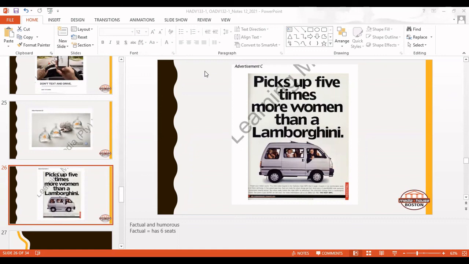Think of this one: picks up 5 times more women than a Lamborghini. These are the things that we experience every day, isn't it? But there's nothing big there that this person wrote. It's a fact, and it's real in the sense that women love cars.